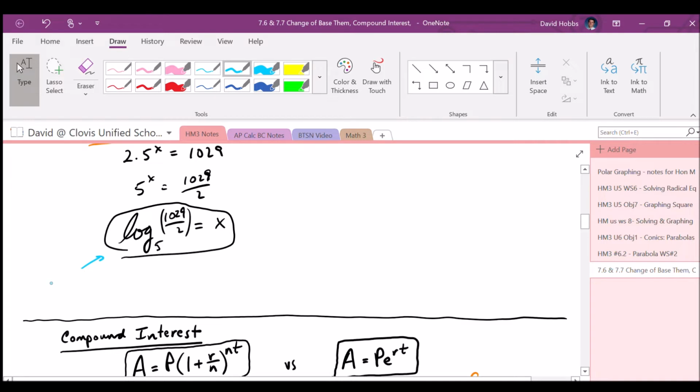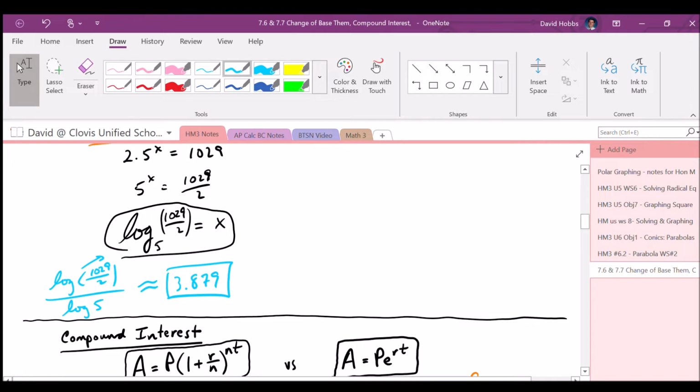So that would be log of 1029 over 2, or you could do the decimal value, divided by log of 5. And I'm doing those both as base 10. So if I plug that into my scientific calculator, I would get 3.879 to the nearest thousandth.